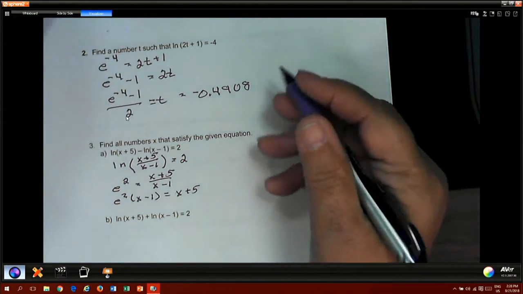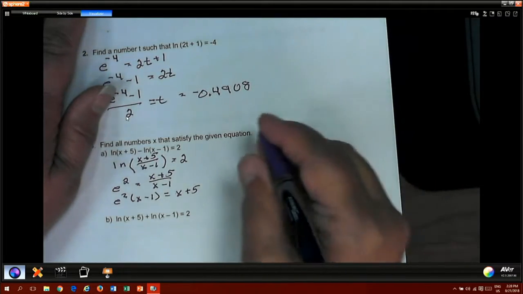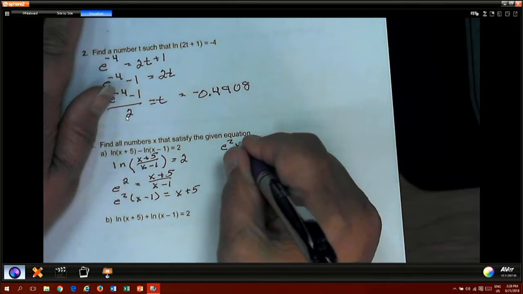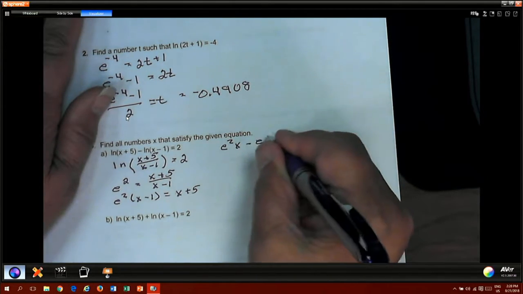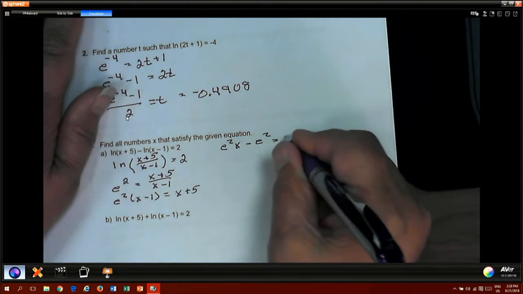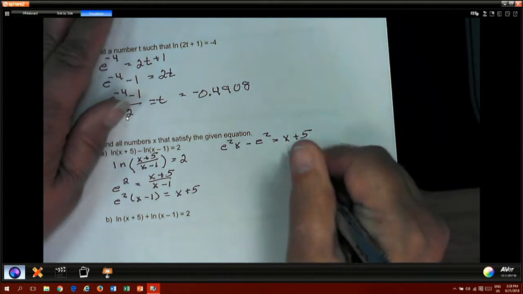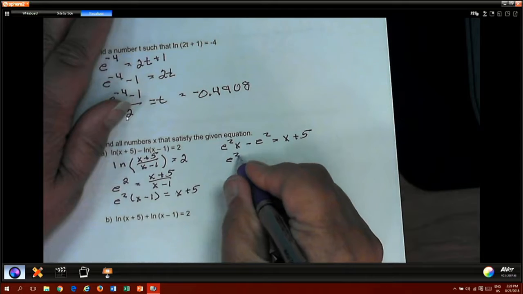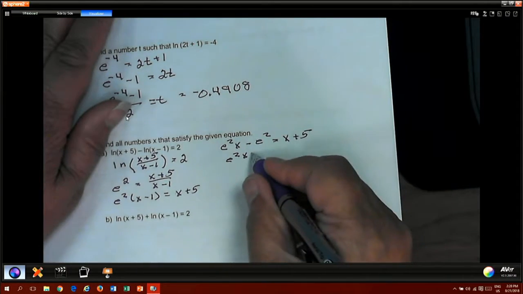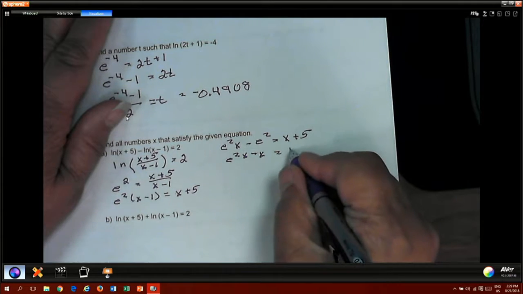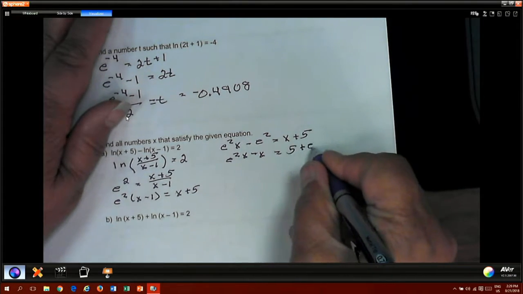We need to get the x's together. We need to multiply first: e squared x minus e squared equals x plus 5. So e squared x minus x equals 5 plus e squared.